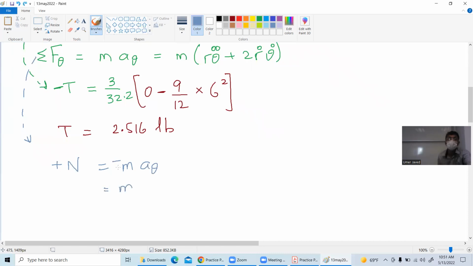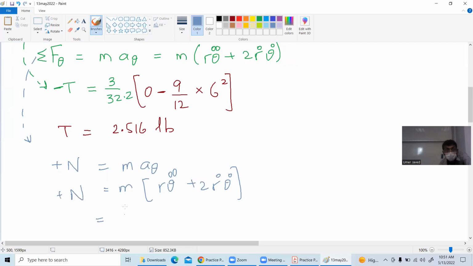Why positive m a_theta? Because 95% of the times when I write summation of forces equal to ma, I prefer to play with the left side, the summation F. I usually don't play with ma. So that's why I'm taking it in the positive direction. So I will have m times r theta double dot plus 2 r dot theta dot equals positive N.